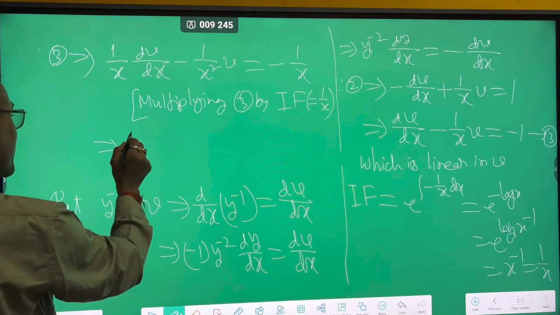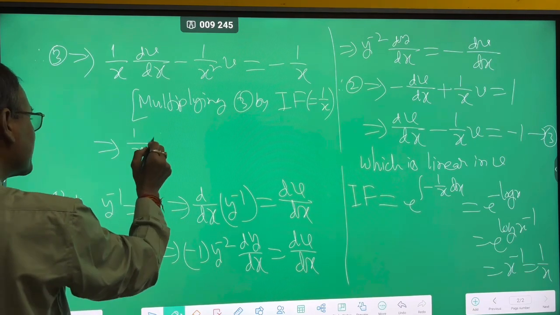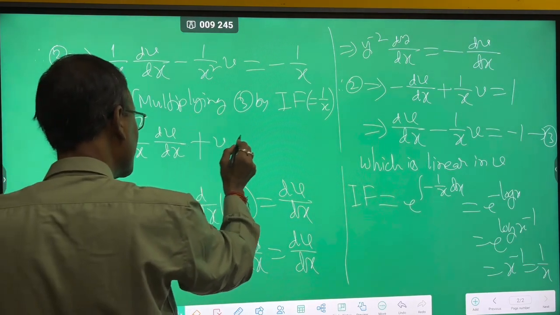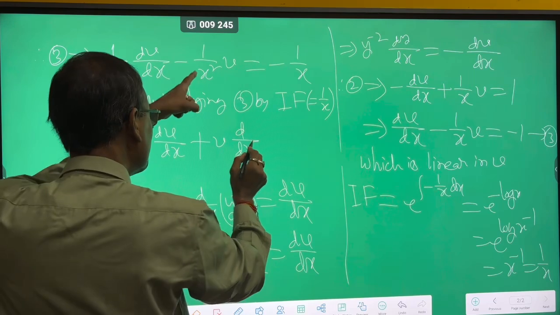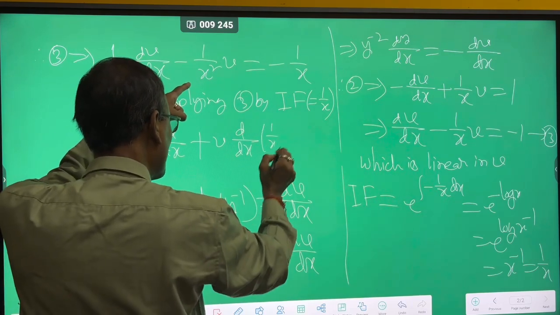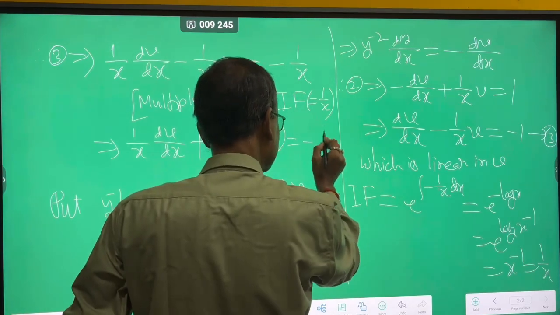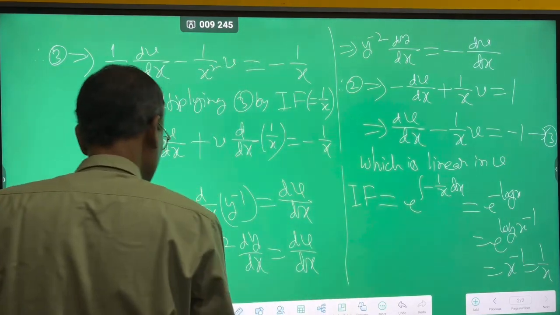This may be written as 1 by x dv by dx plus v, for minus 1 by x square you may write d dx of 1 by x. This is equal to minus 1 by x.